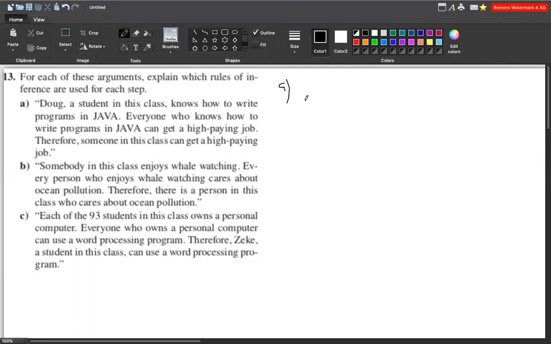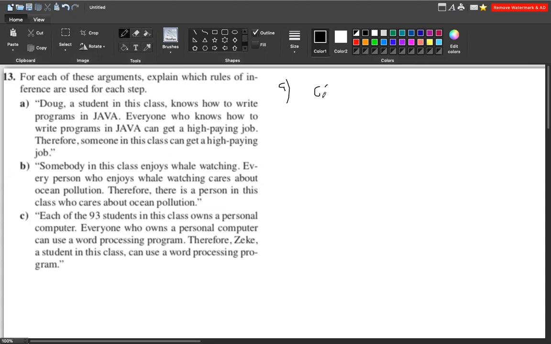Okay, so let's represent A with the statement that Doug is a student in this class who knows how to write programs in Java. Here we will have these premises.